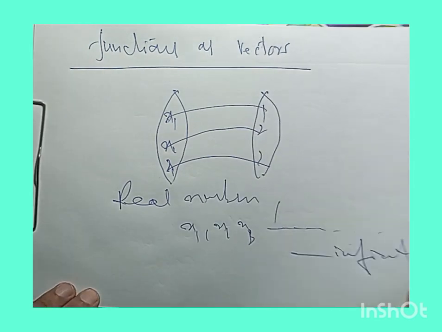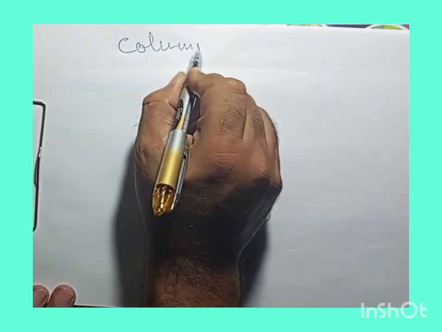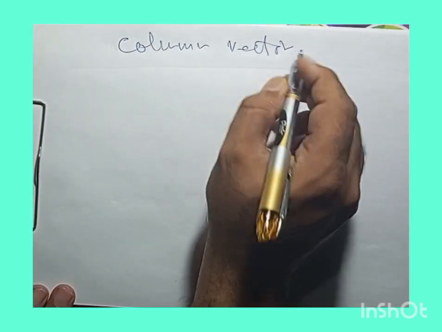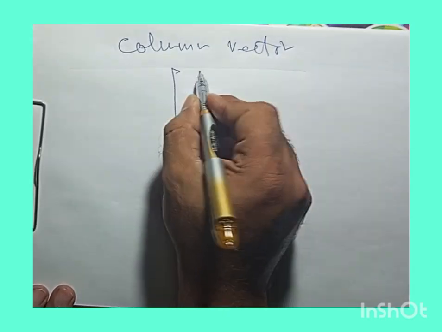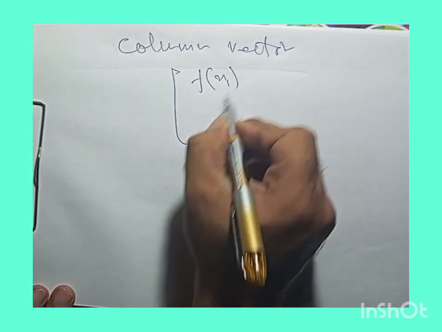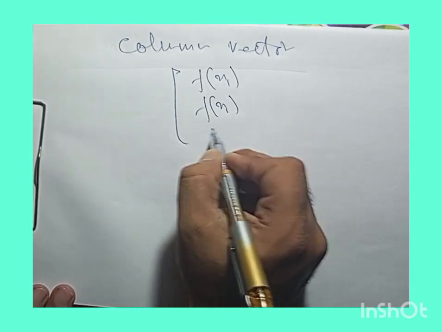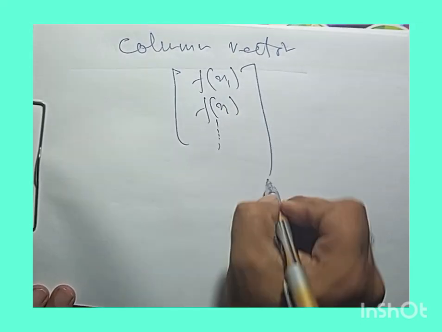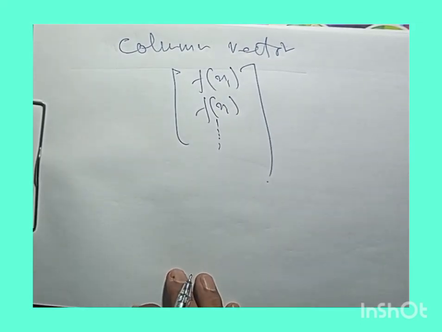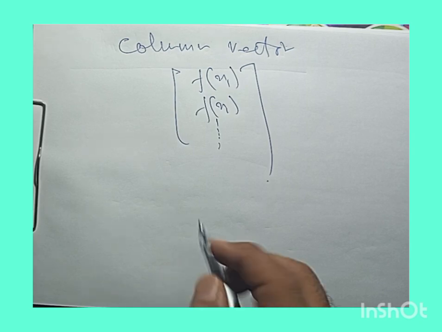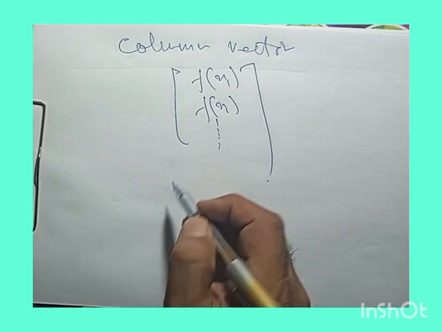So if I choose a column vector, say f of x1, f of x2, and so on and so forth, we have a column vector of function values.